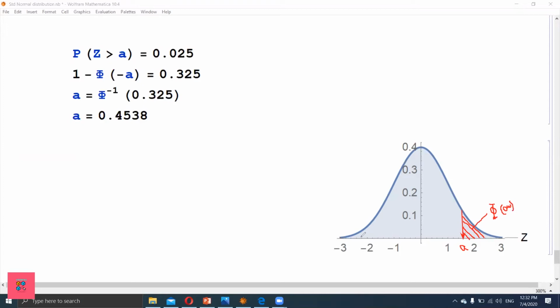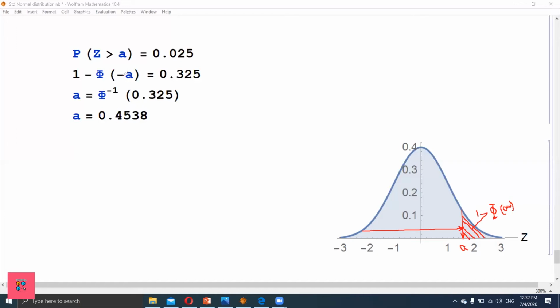This is the below area, phi of A. Below area from this point is phi of A, and the shaded area must be 1 minus phi of A. So it is the shaded area above this point.